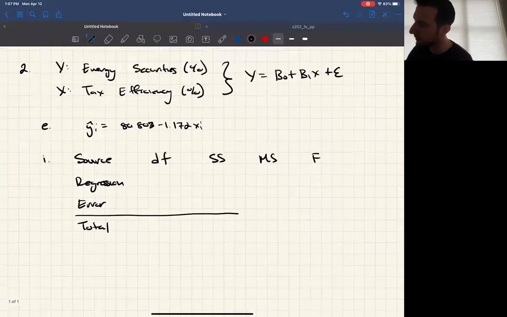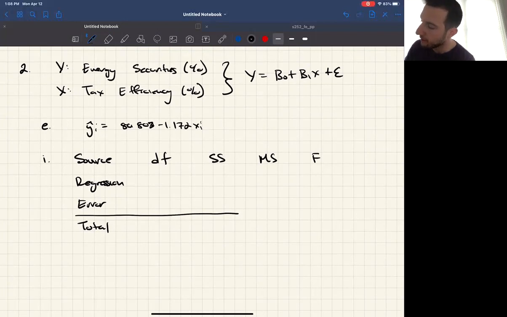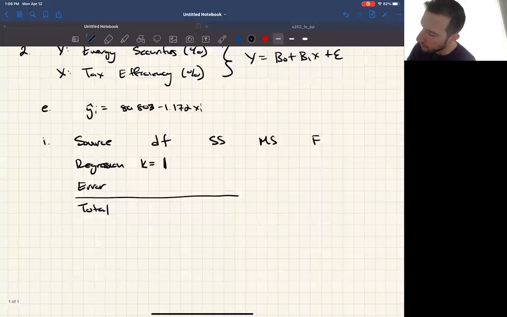Whenever we are working with a simple linear regression model, the degrees of freedom for the regression source is basically just the number of explanatory variables in the model. So in this case, we only have one explanatory variable, so the DF for regression is going to be 1, because we only have one X, which is the tax efficiency. The total is always going to be n minus 1.